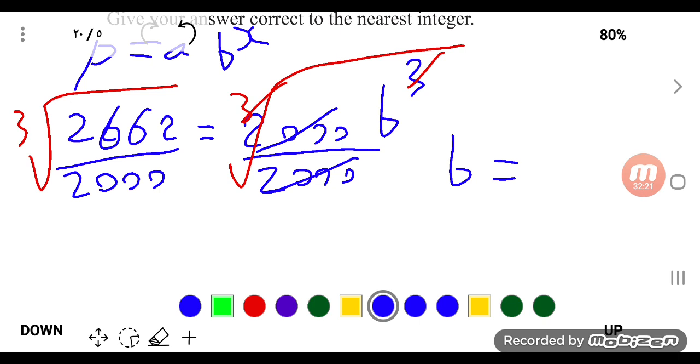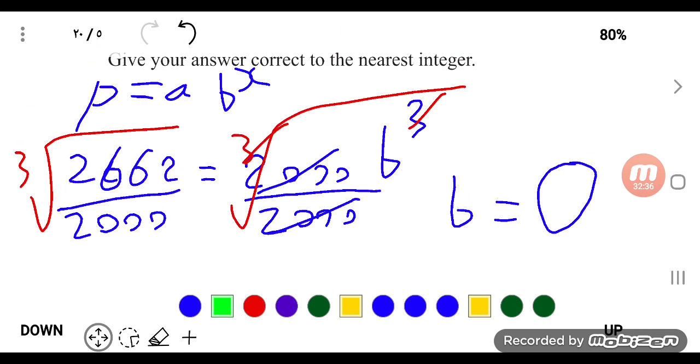We get, okay, the number that we get for B on the calculator, we have to use it to continue solving. Now let's see what we have to do.